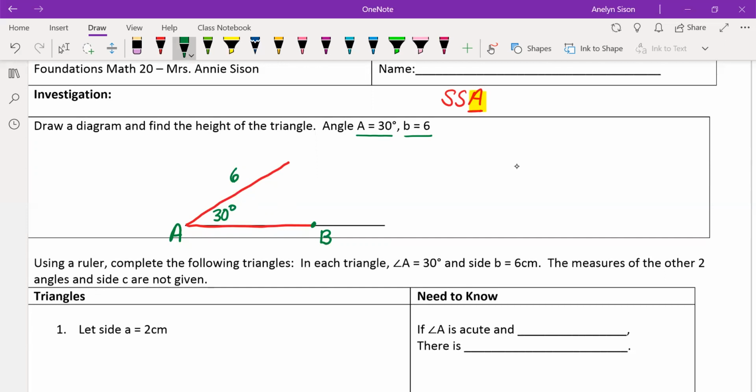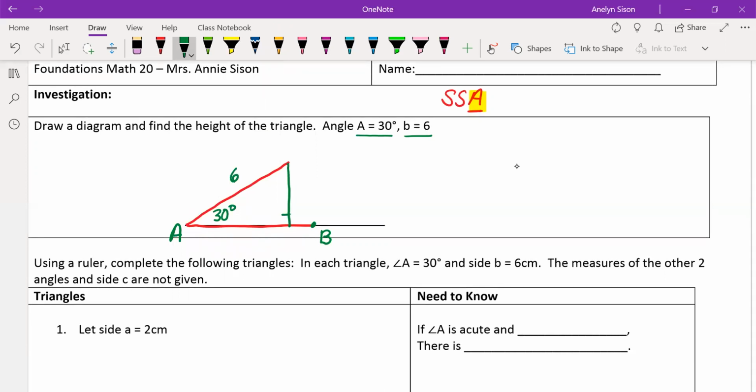So right now, our goal is to figure out a side length that will complete this triangle, meaning we want to see the side length opposite A that will complete it. So what is the smallest side length that will complete this triangle? That is our goal. We want to see what length would complete that triangle.